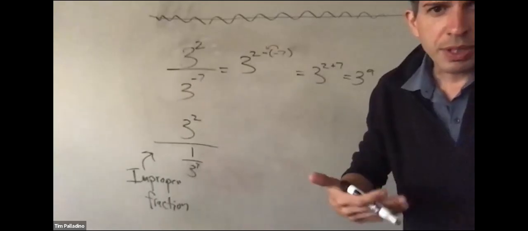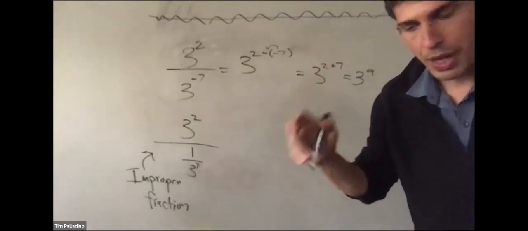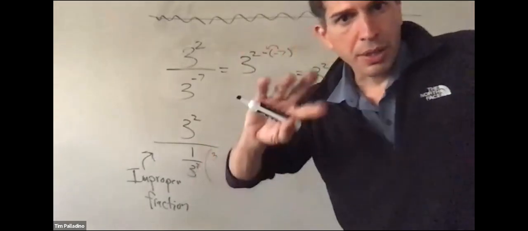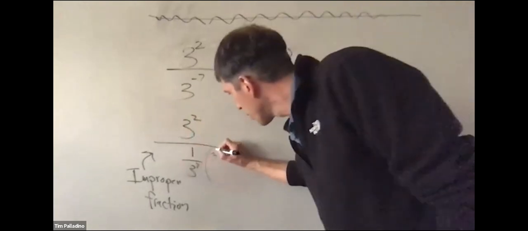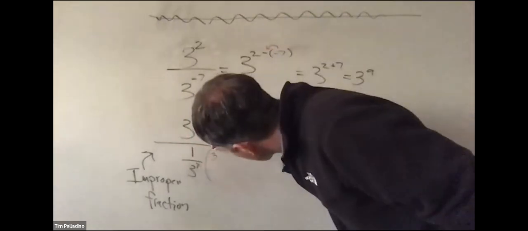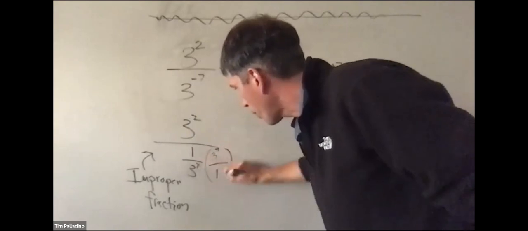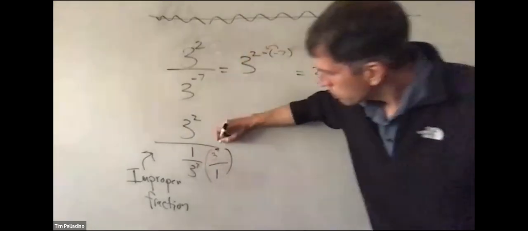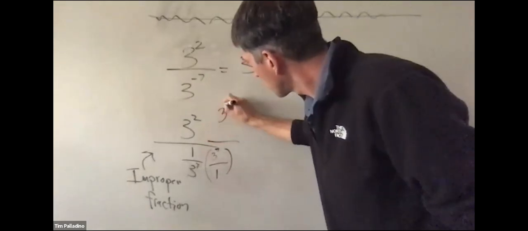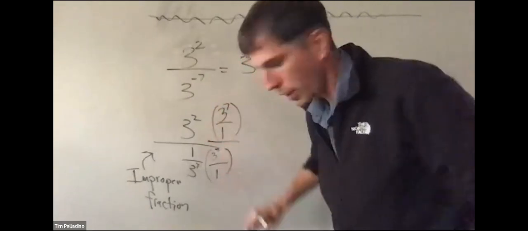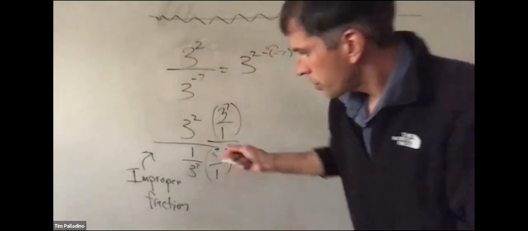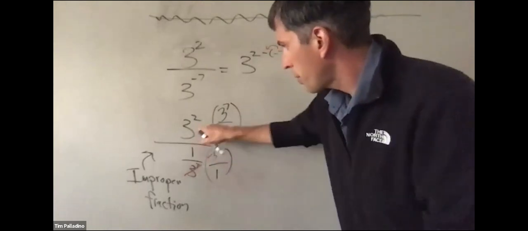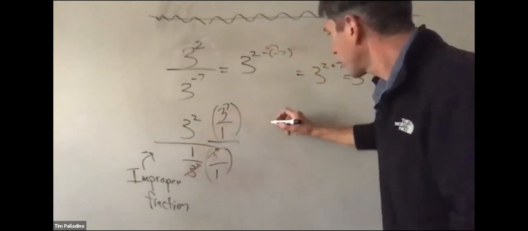When we see an improper fraction, you need to rationalize it, so you would multiply by its reciprocal, 3 to the 7th over 1. But if I do this to the bottom, I have to do it to the top. Then this cancels with that, and you just get 3 squared times 3 to the 7th.